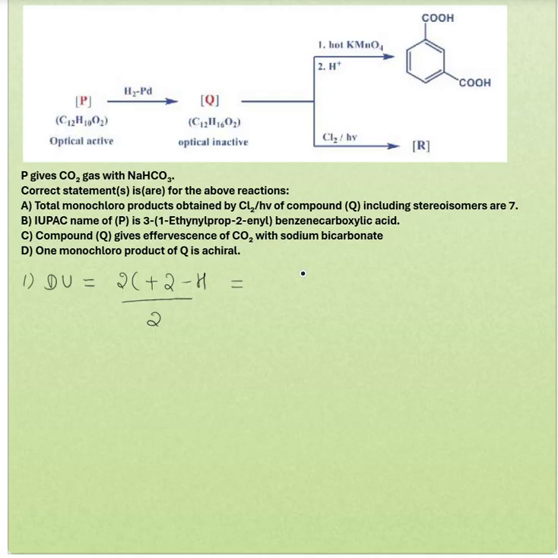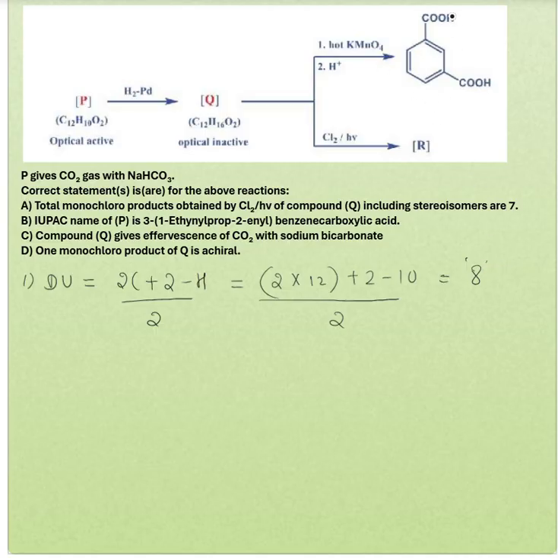The number of carbons is 12, so 2C plus 2 minus, how many hydrogens we have? 10, divided by 2. Upon solving this, you will get 8. That means there can be either 8 double bonds, or 8 rings, or a combination of a double bond and a ring and a triple bond also.